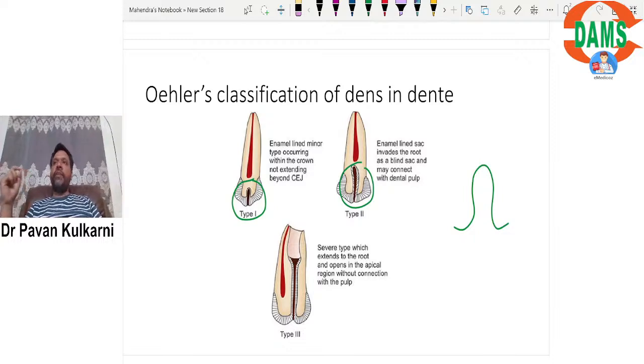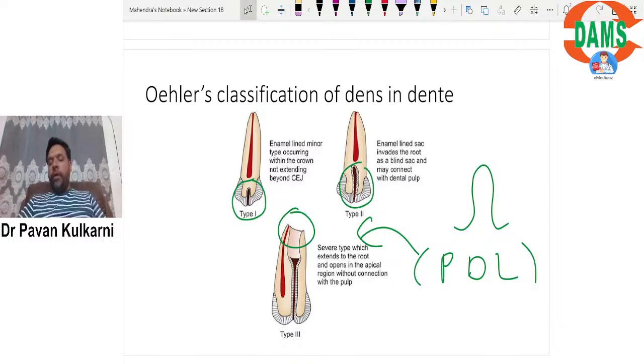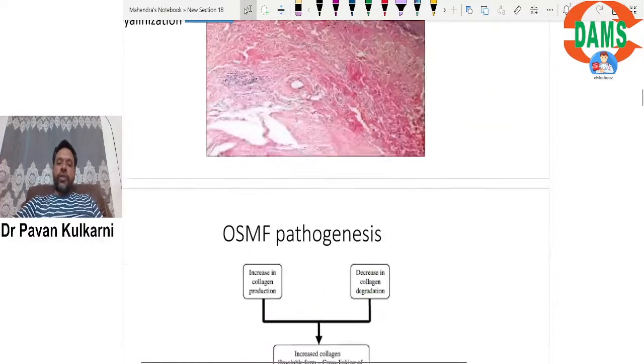If it involves even the root, it is type 2. Whereas type 3 involves the apical foramen. So type 3 is the one where the PDL is involved. That is, the invagination involves the PDL also through the apical foramen. So that is called O'Haller's classification of dens in dente.